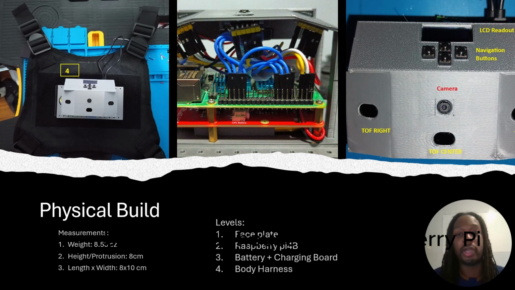Then below that it houses the Raspberry Pi. Below that is also the battery powering unit. And then everything is attached on a physical rig, a harness, that way it can be worn. It roughly weighs about 8.53 ounces altogether, but with kind of extreme protrusion of about 8 centimeters outward from the chest.